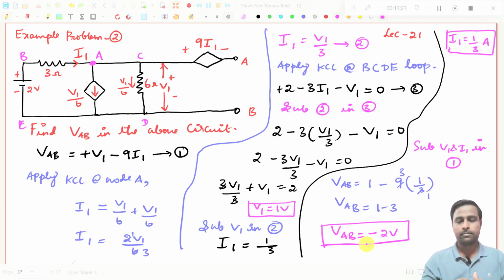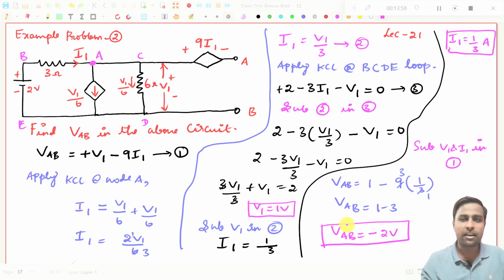But now, we have taken dependent sources, and we have applied KCL and KVL in the same problem. This is very interesting. If you know the basics of electric circuits and are very clear in approaching a circuit using KCL and KVL, you can apply it in any circuit.